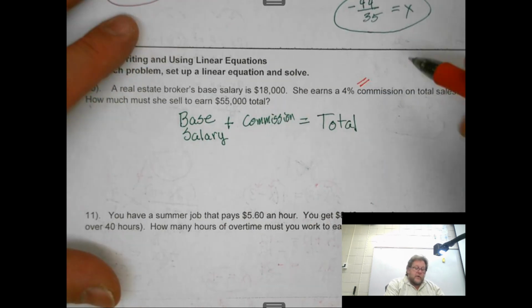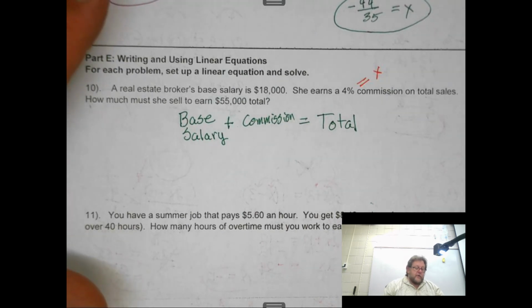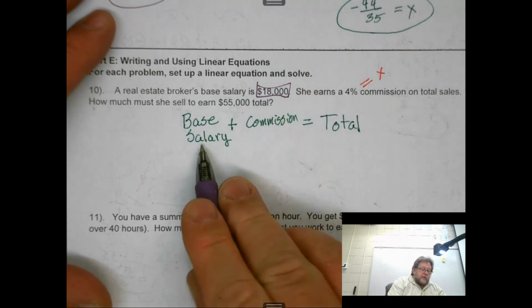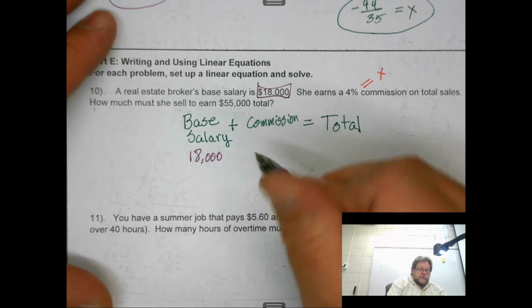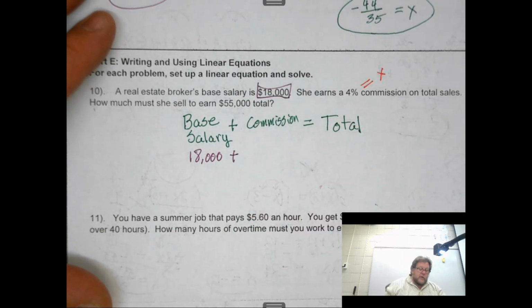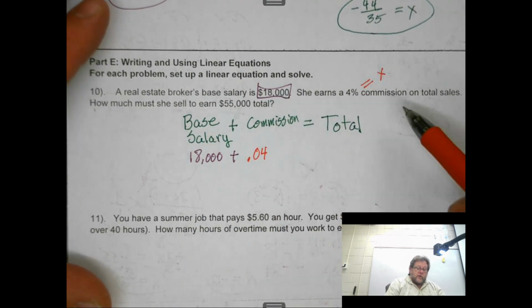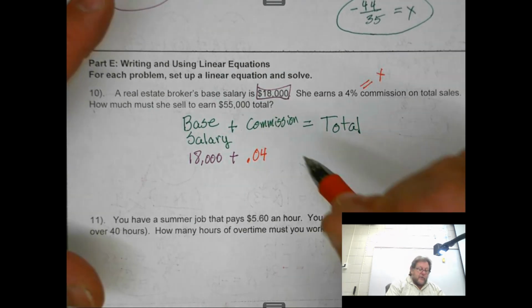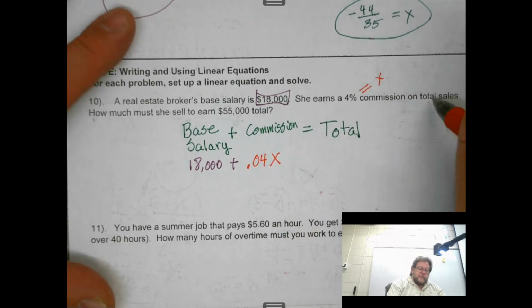And we don't know 4% of what. That's what we need to find out. So it's our total sales. X is our total sales. X equals the commission on total sales. I should have defined that earlier. So 0.04x, 4% of that total sales is what I get. And that's going to equal her salary of 55,000.